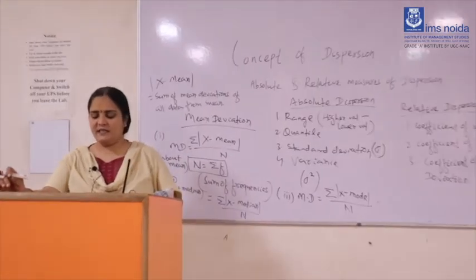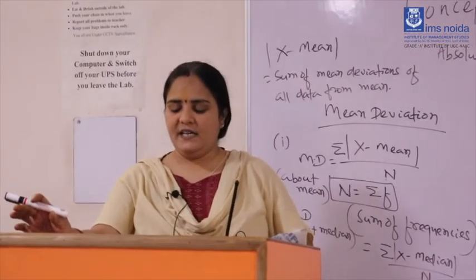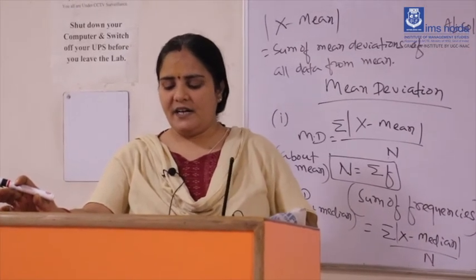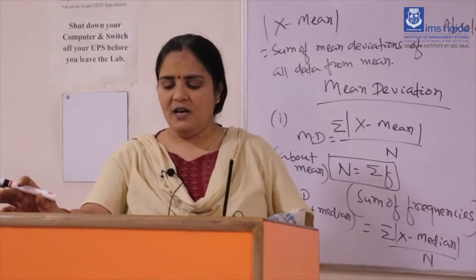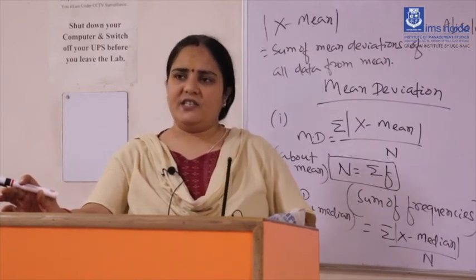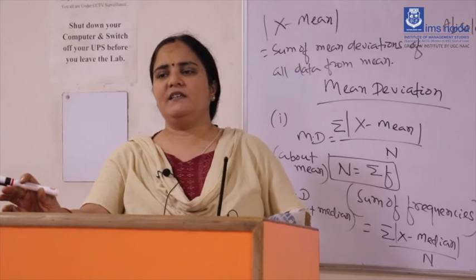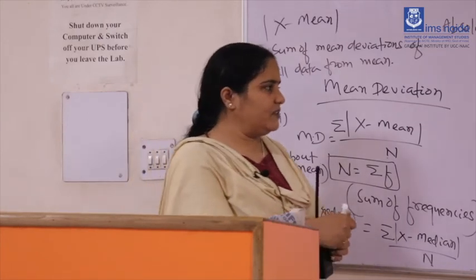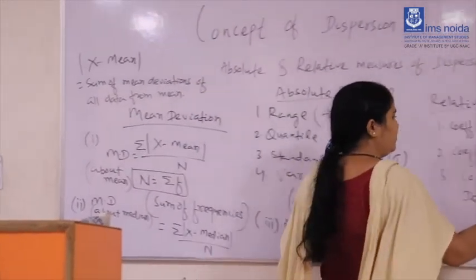Suppose some data are there, like 18, 20, 70, any kind of random data you can take. Find the mean value and then divide the deviations by it. Then you can calculate the coefficient of mean deviation. Suppose you take the values 1, 2, 3, 4, 5.